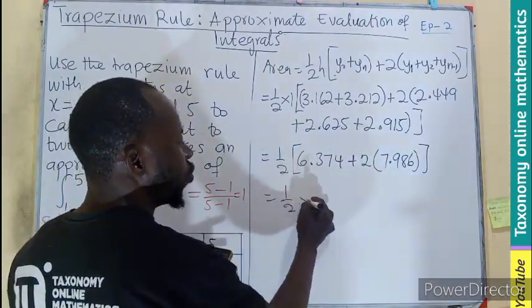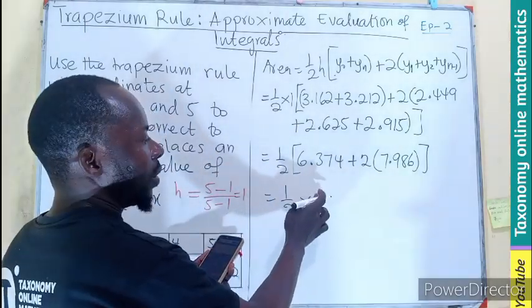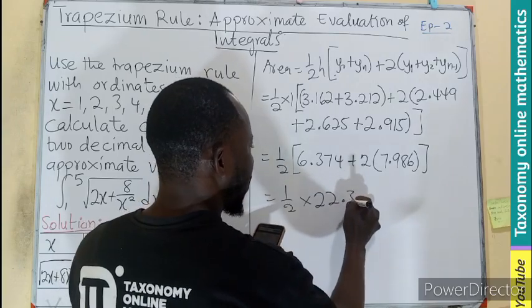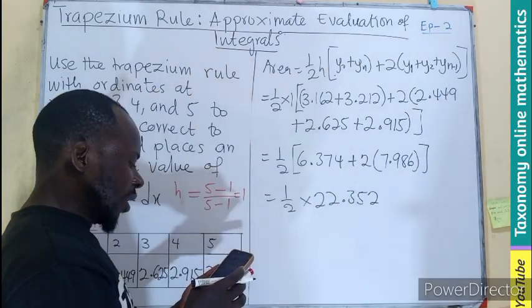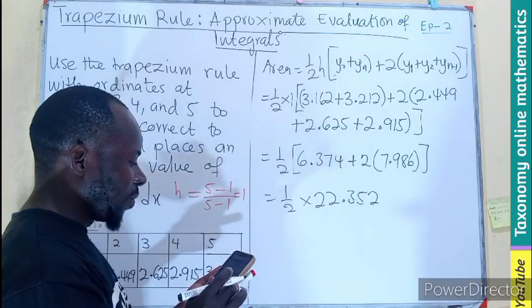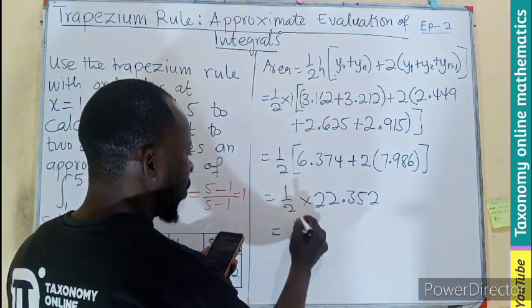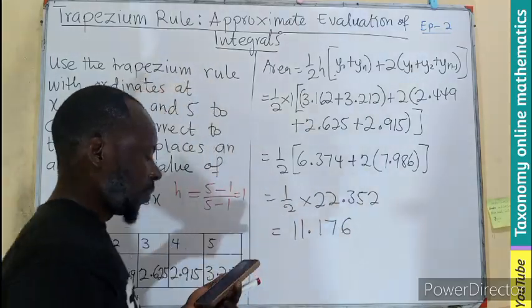So we can compute all of them or multiply this first. So 1/2 times the summation of all of this, and that will be 22.352. When you multiply that by 0.5, that will give you 11.176.